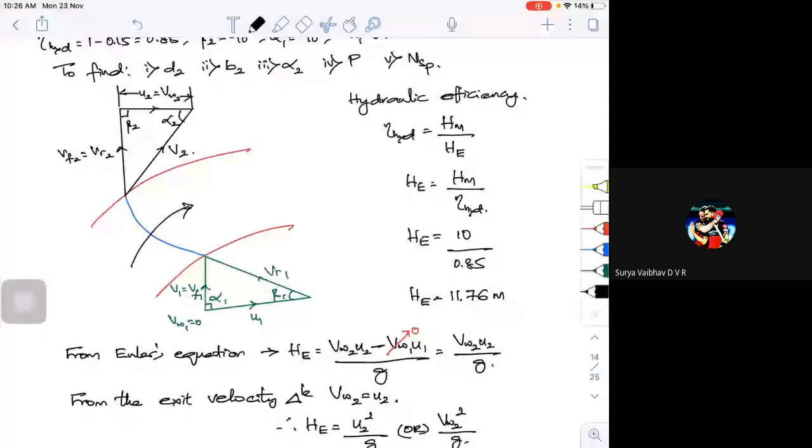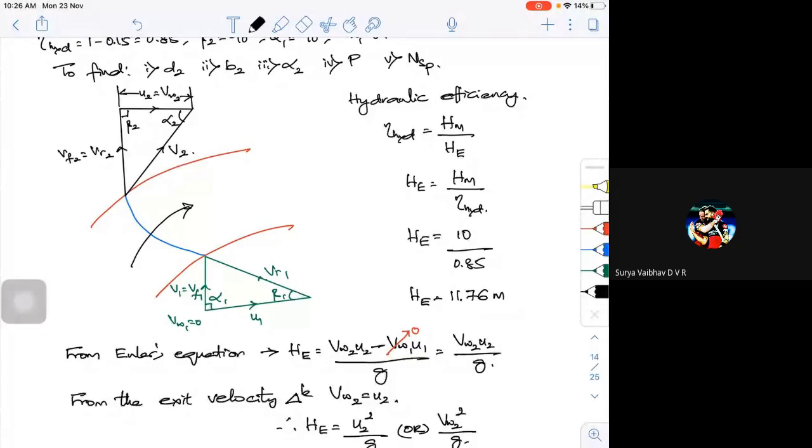Tan alpha 2 is equal to the opposite side, VF2, divided by U2. I know the value of VF2, and I just calculated the value of U2. I will substitute, take tan inverse of it, and get alpha 2.